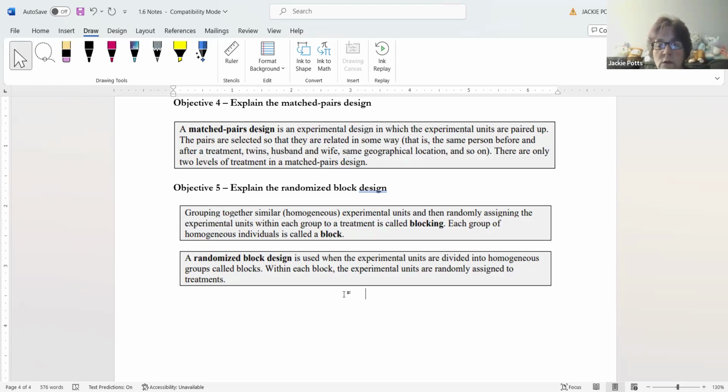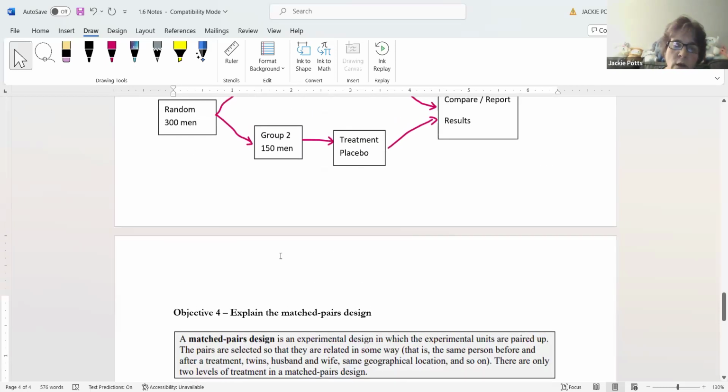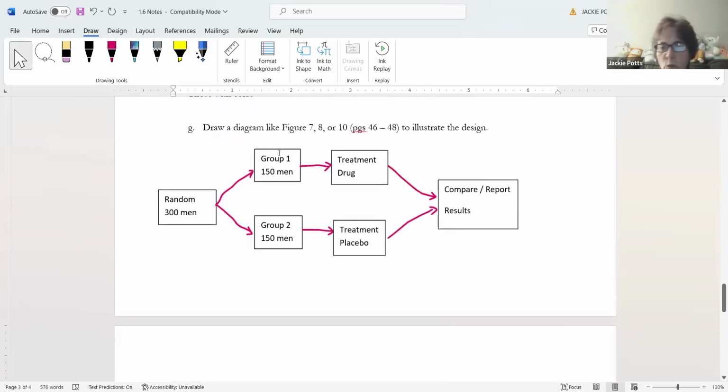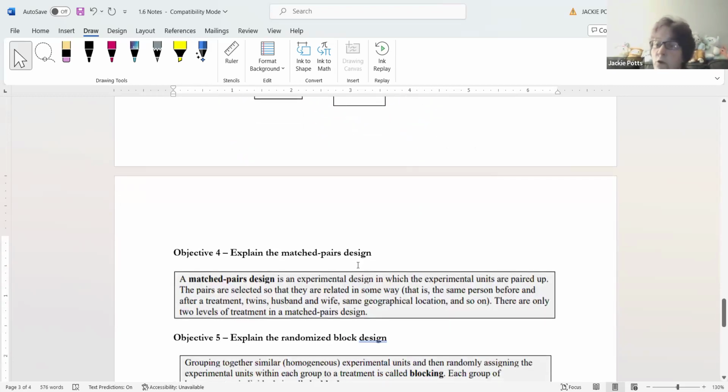And we're going to set it up just like we did with the designed experiment, except we know that group 1, instead of being random, there's something about the person going into group 1 that matches to somebody in group 2, whether they are twins, siblings, husband, wives.